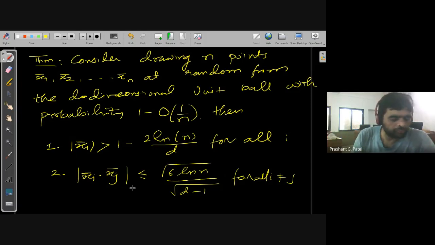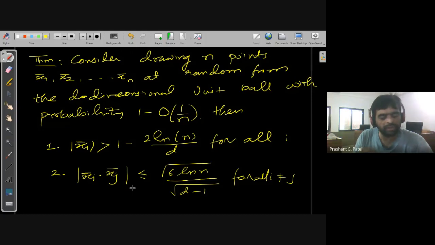Now one might be confused by how nearly all points of the unit ball can be very close to the surface and near the equator at the same time. As I told you, the volume is near the surface, and at the same time the volume is near the equator.